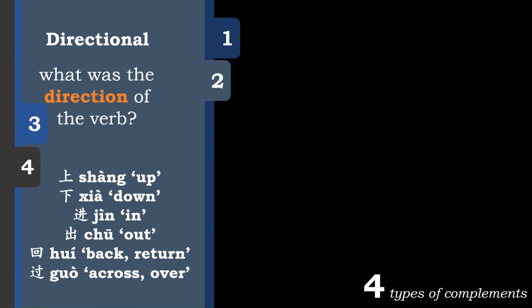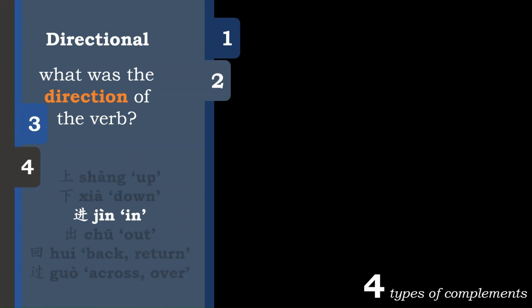Now remember, these could also function as motion verbs and could be suffixed with either 来 or 去. For example, 进 as a verb means to move in an inward direction, and 进来 indicates toward the speaker, whereas 进去 would mean away from the speaker, to go in. Now, depending on the context, it could also mean to get in.